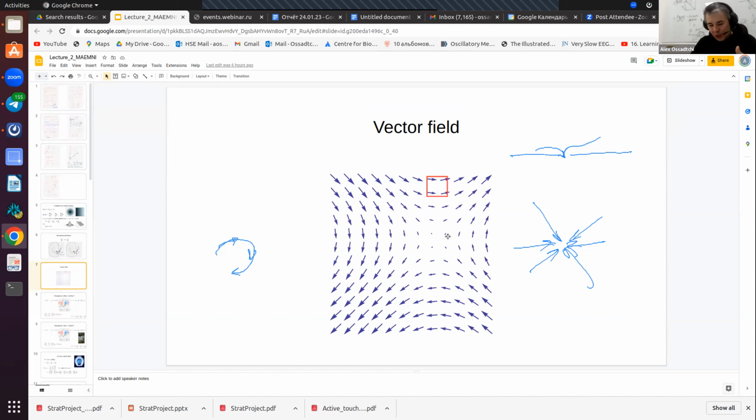You want to be able to describe these two phenomena because, according to Helmholtz decomposition, which we're not covering here, you can decompose any smooth field into elements described by this pattern, which we will call divergence.